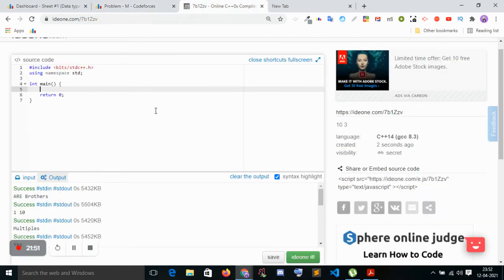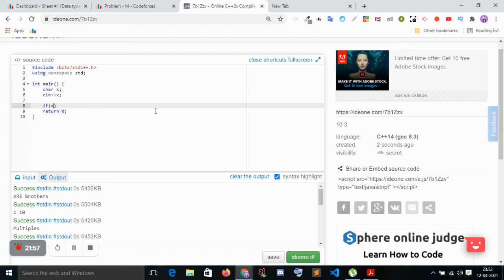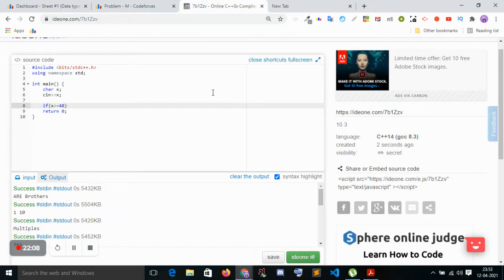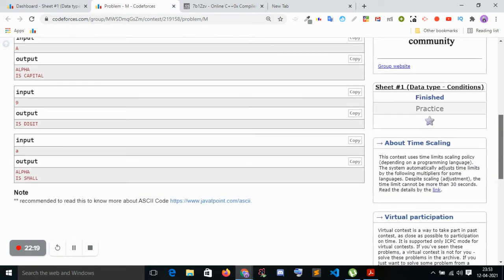So char x, cin x, if x is greater than or equal to 48, like 48's are digits, and x is less than or equal to 57, cout is digit. You have to print is digit.